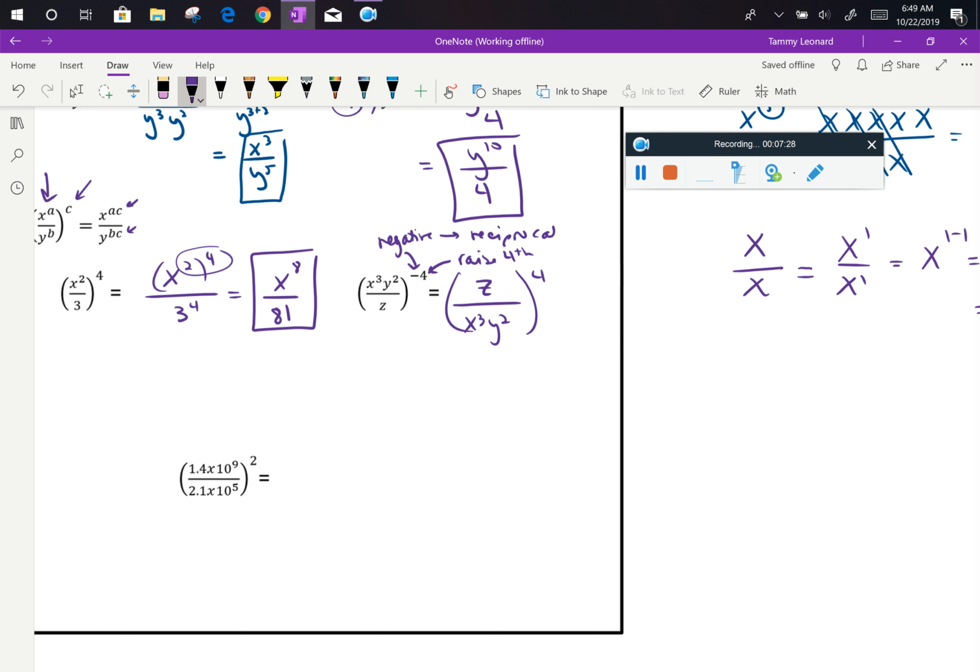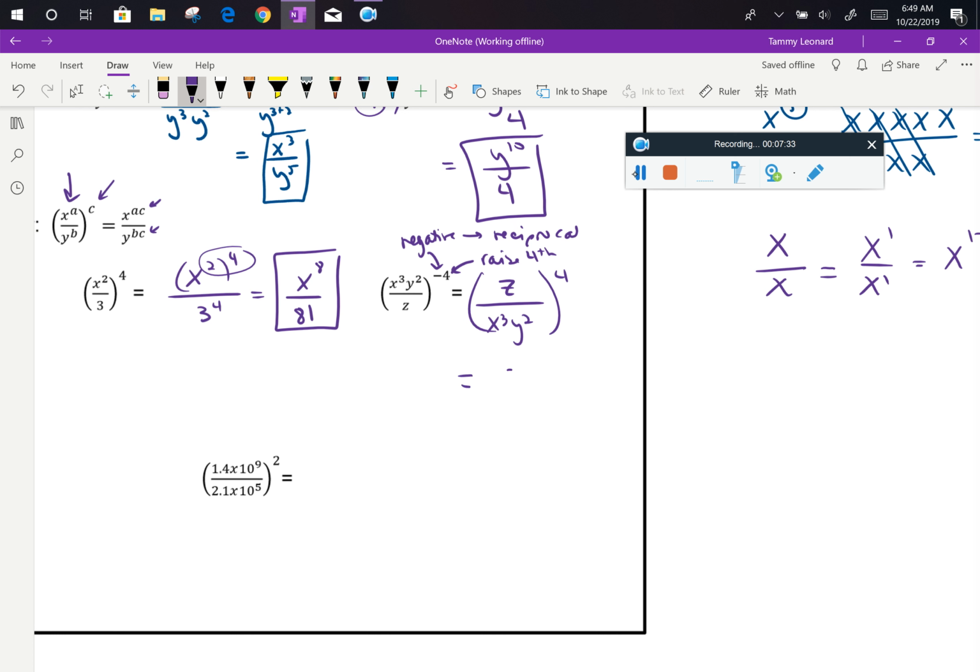Now we can use the quotient to a power rule, which says that we can first raise the numerator to the power and then raise the denominator to the power. Now, you could probably do that all at once, but I'm just showing my steps really clearly since this is an introduction.